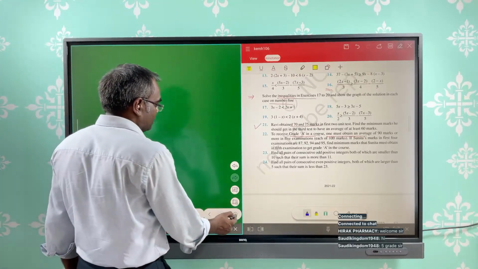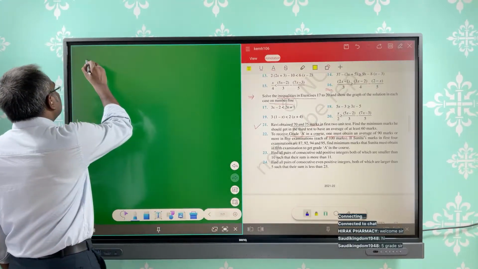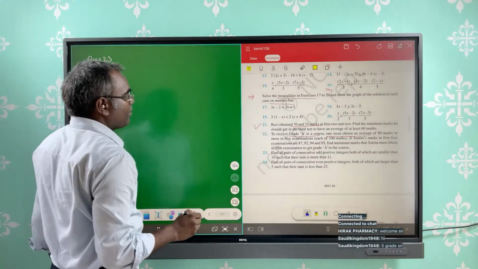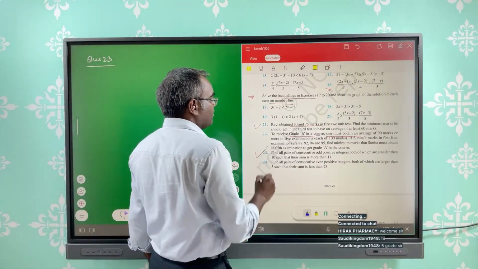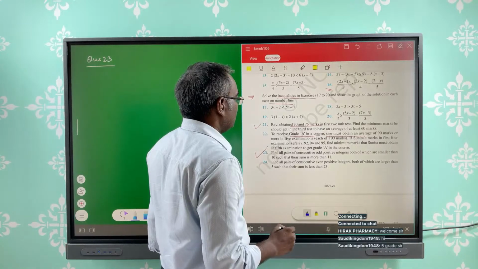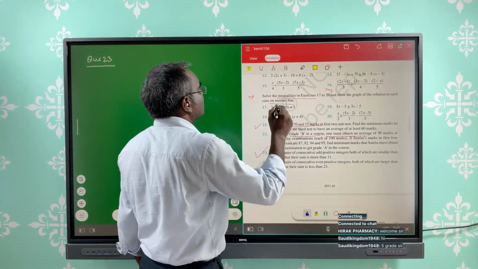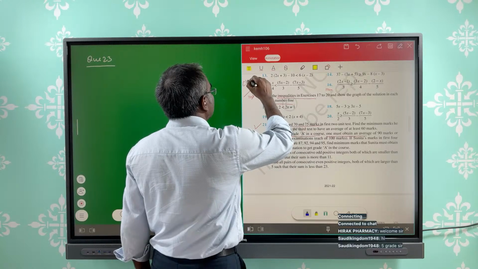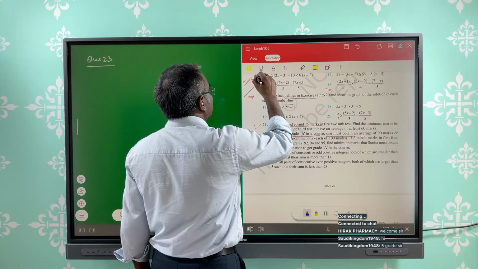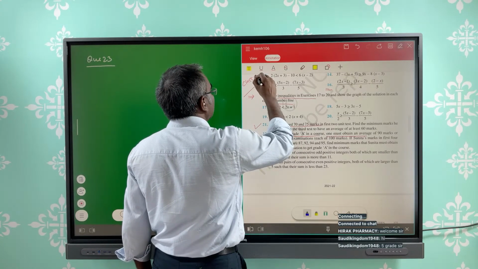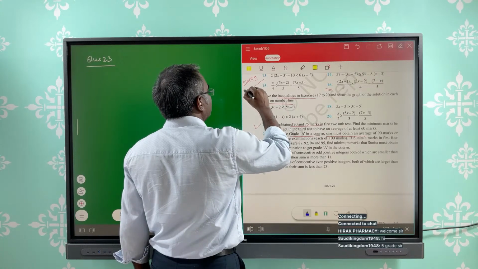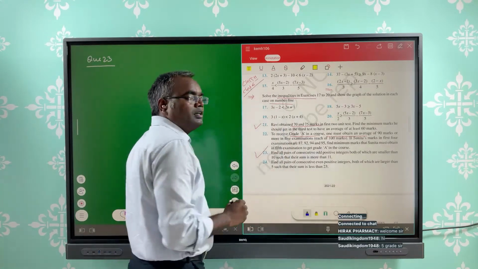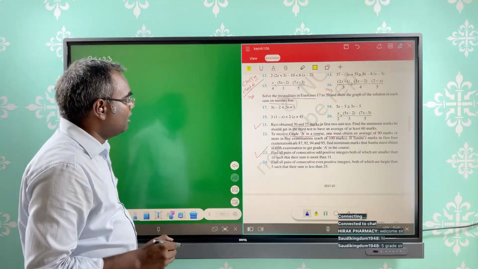Question number 23. Find all pairs of consecutive odd positive integers. Friends, I would like to remind you, this is the class 11, chapter 6, mathematics subject.